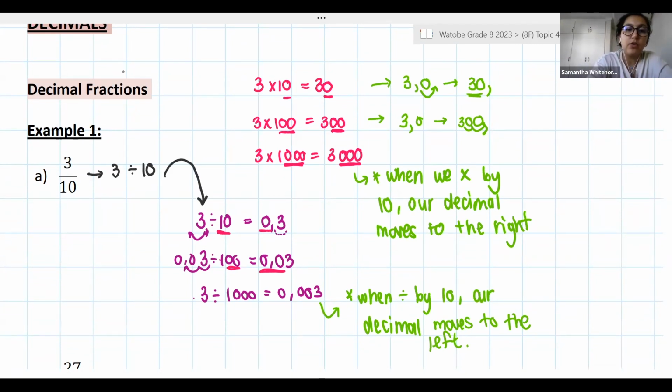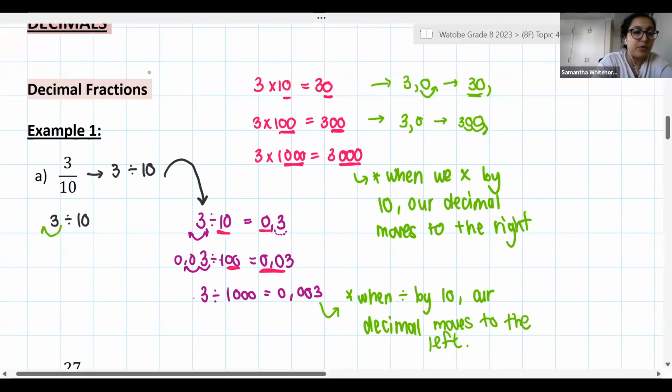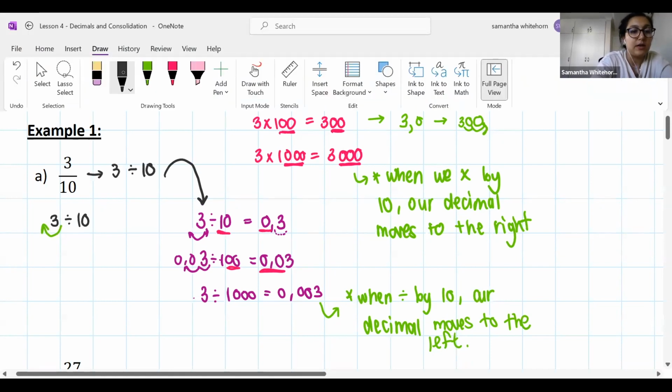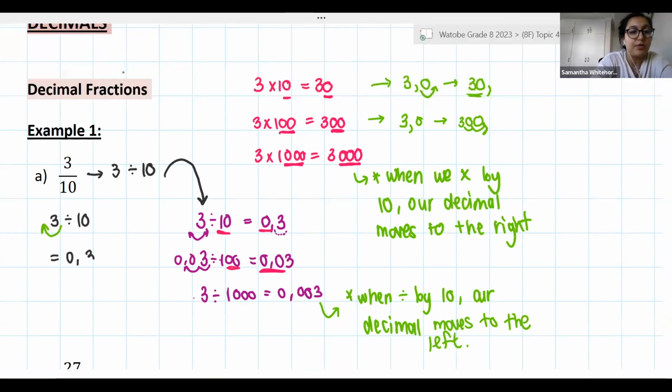And so we now know, because we've investigated the pattern, that 3 divided by 10 means that my decimal, which is currently sitting after the 3, must move 1 unit to the left. And so I now have an answer of 0,3. I've got 1 zero in front of the 3 because it corresponds to the 1 zero of the 10. And I can now write my fraction of 3 over 10 as 0,3.